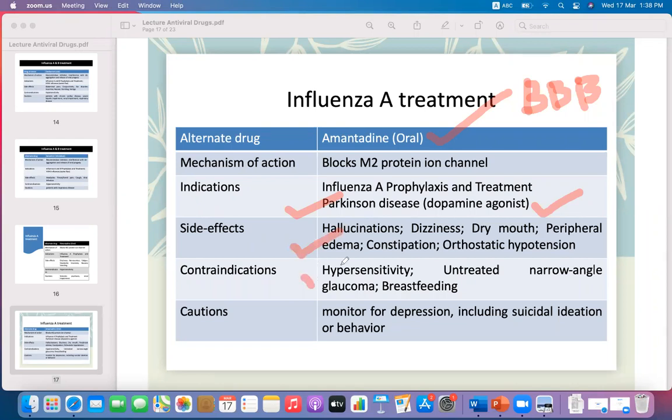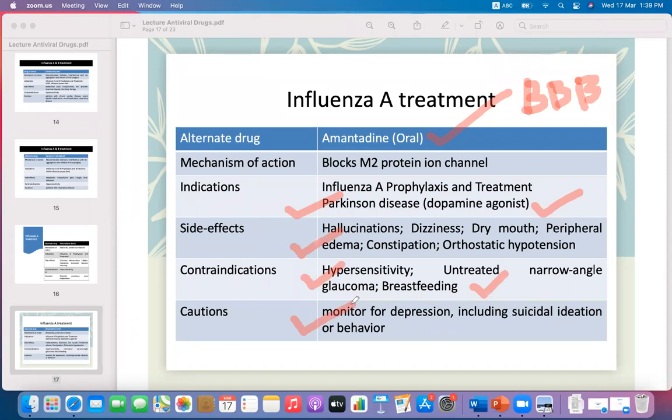Contraindications: documented hypersensitivity, untreated narrow-angle glaucoma, and breastfeeding women should avoid amantadine, and caution: monitor for depression, including suicidal ideation or behavior.